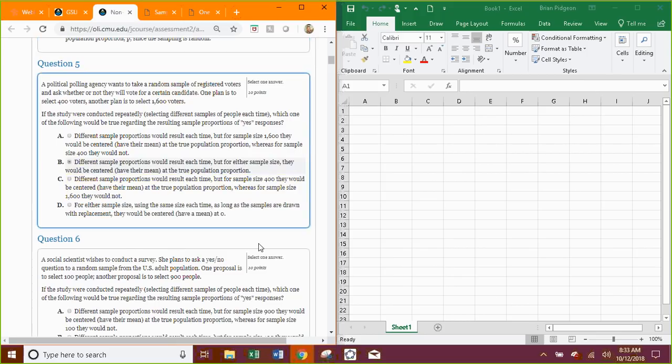I would say because your sample sizes are still so big, they both would be centered where they need to be centered, but the variability of the 1600 sampling distribution would be smaller than the sampling distribution for the 400 group.